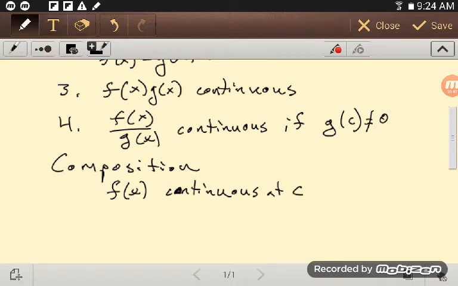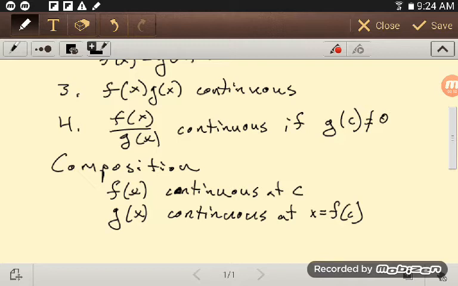But then for our g of x, we would need that g of x is continuous at x equal f of c, whatever that is.